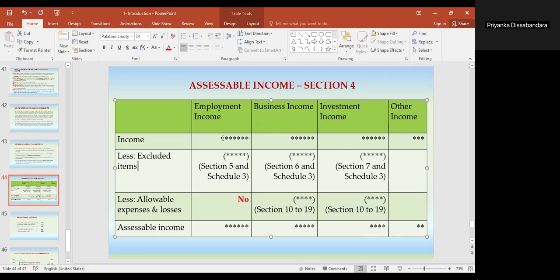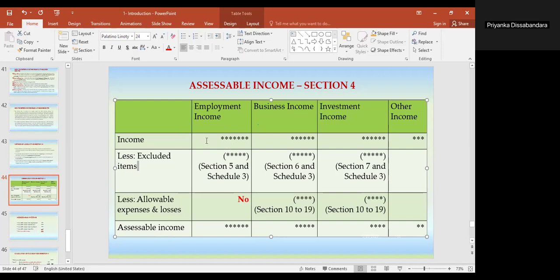If we consider an employment income, we have to include salaries, overtime, incentives, other allowances, pensions, and everything we have to include. After that, the Act says the items that we have to exclude and exempt them.